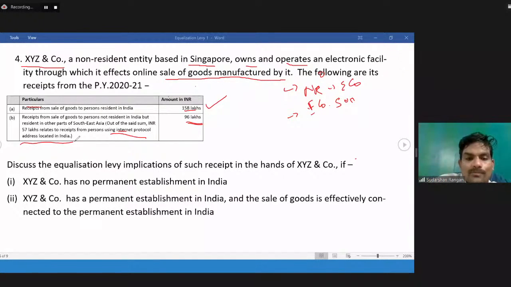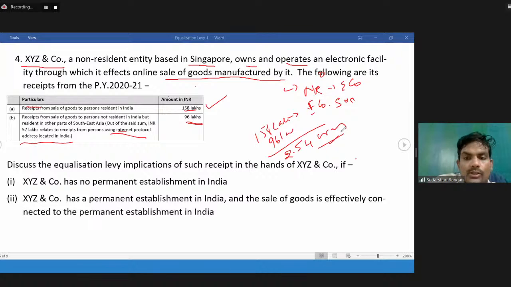So therefore, 158 lakhs standalone, less than 2 crores, so threshold not satisfied. But we also have another information, 96 lakhs. So 158 lakhs plus 96 lakhs works out to, I believe, 2.54 crores.